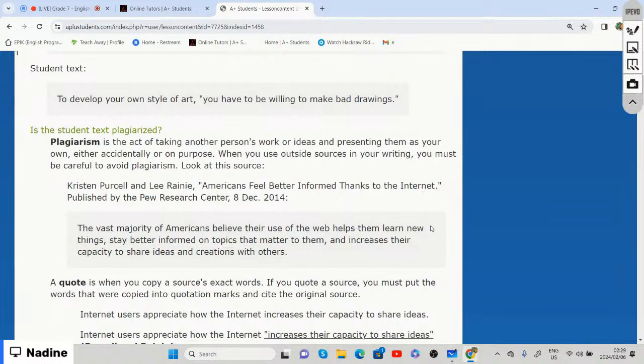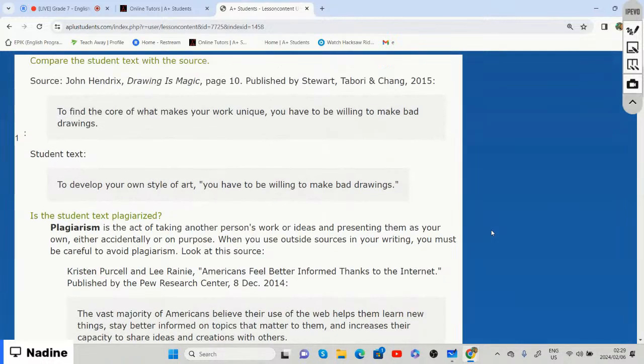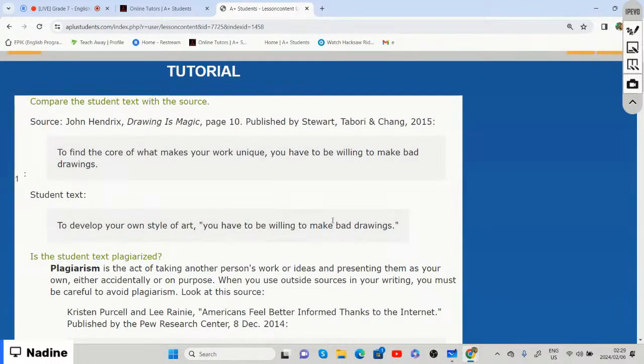So we need to look at two sources, to find the core of what makes your work unique. You have to be willing to put in the work.